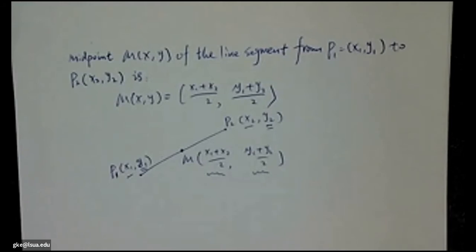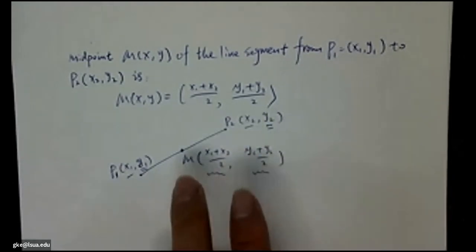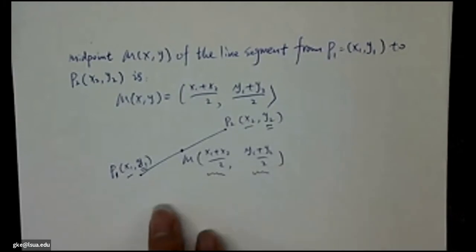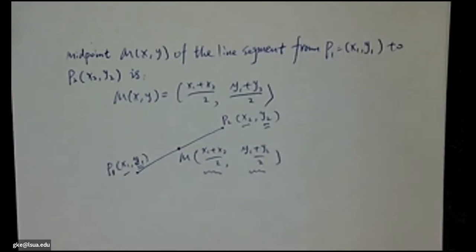So that's the property. We do the average for the x-coordinate and y-coordinate, and then we can get the coordinates for the M. That's it. Now let's take a look at one example.